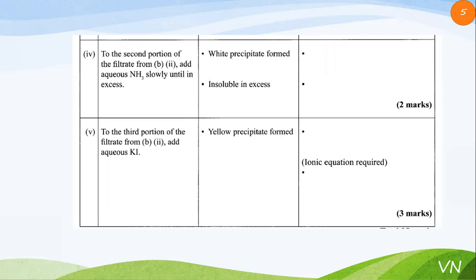So when we're adding aqueous ammonia, if we have a white precipitate, it's either of three ions, namely lead 2 plus, zinc 2 plus, or aluminum 3 plus. If that is insoluble in excess, then it is either lead 2 plus or aluminum 3 plus.